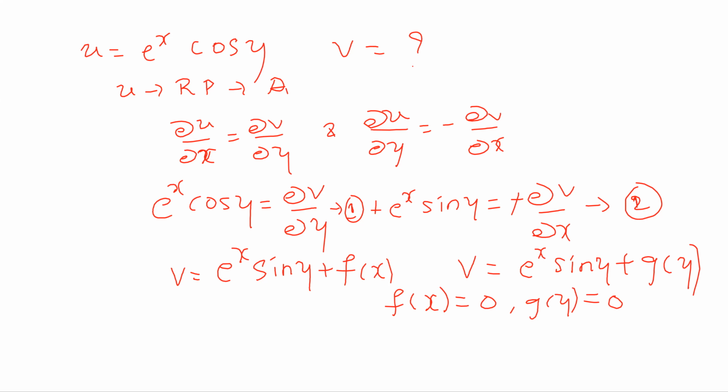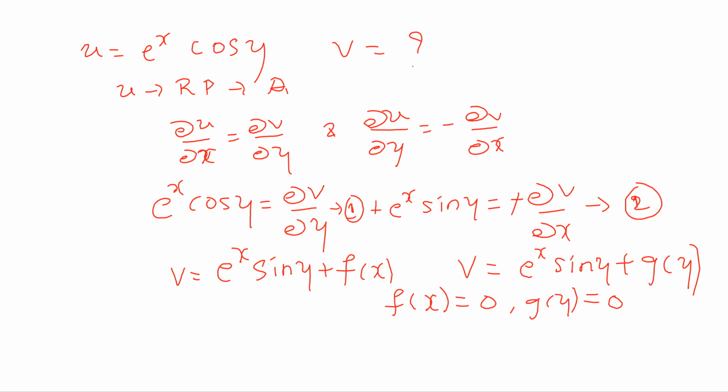Otherwise, how can we write it? A student asks a question: when will f of x not be 0 in that v function?